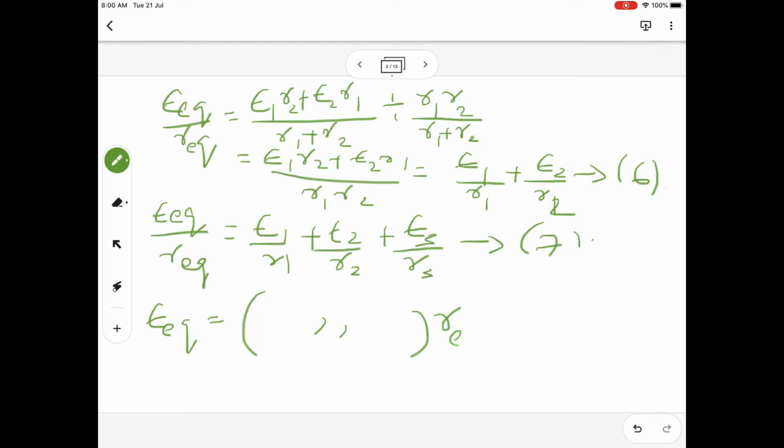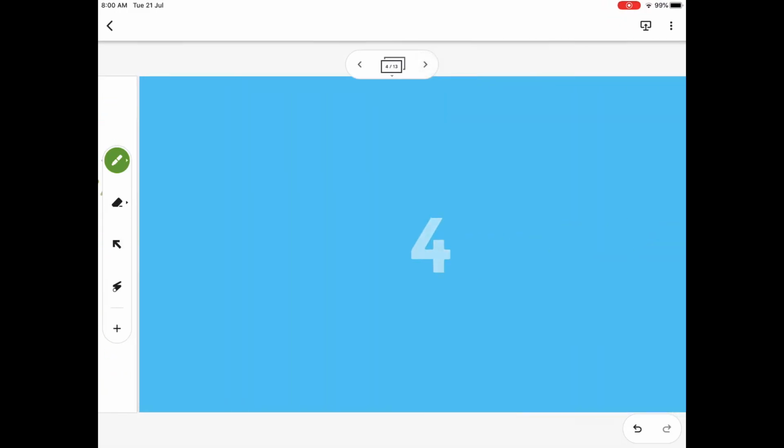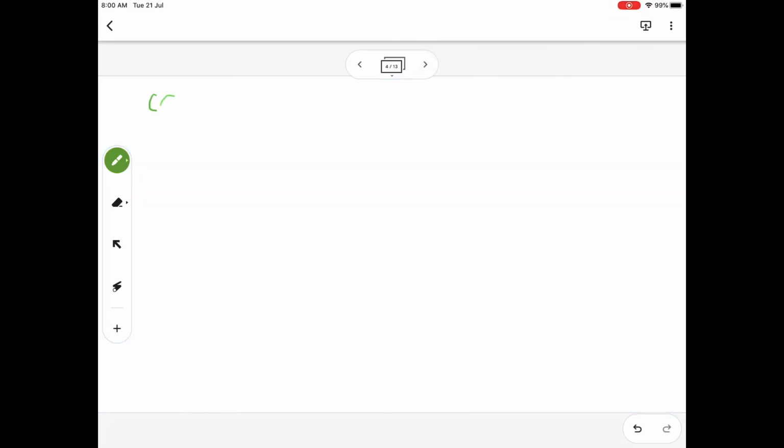From here E equivalent can be separated by multiplying the right side by R equivalent, because this is E equivalent by R equivalent. So E equivalent is R equivalent times (E1 by R1 plus E2 by R2). The general form of the E equivalent equation is ready.